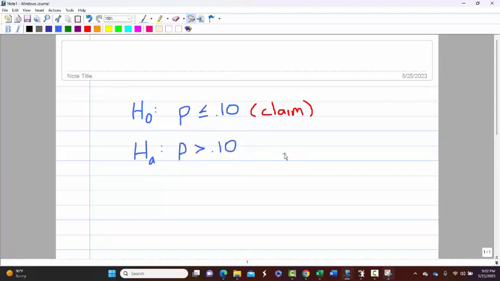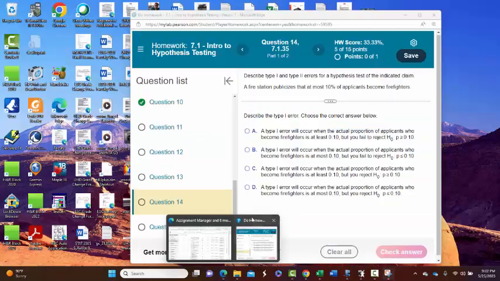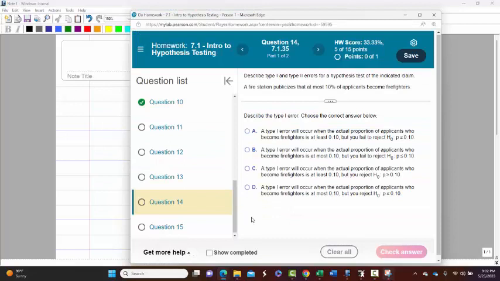All right. Now let's see what it's asking. Okay, type 1 error, by definition, means you're rejecting the H0 when the H0 is true.